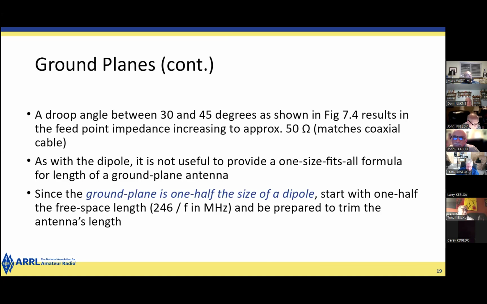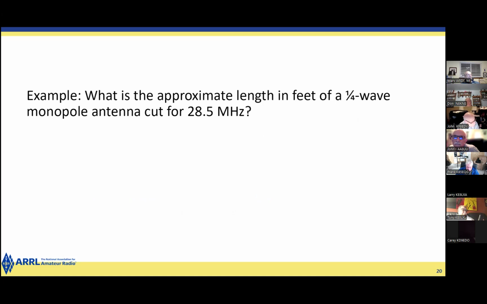If you're going to make one, you start with 1/2 the free space length, 246 over the frequency in megahertz, and you have to be prepared to adjust the length of the antenna. So, what is the approximate length in feet of a quarter wave monopole antenna cut for 28.5 megahertz?